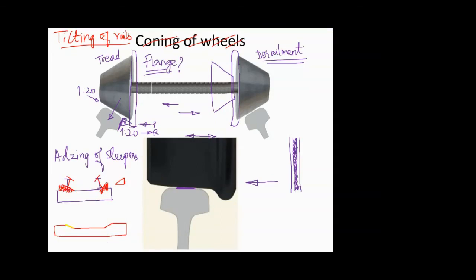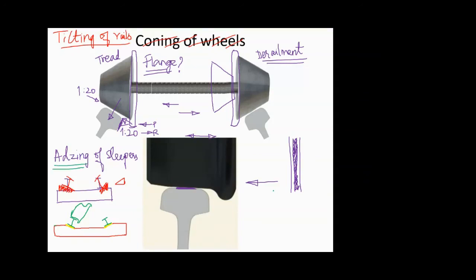This yellow portion that I am highlighting has a slope of 1:20. And when you place the rail over it, naturally that rail will also have a slope of 1:20. And over that your wheel assembly will be there, and that wheel assembly will also have a slope of 1:20. I am just exaggerating the slopes for your understanding. This method of providing slope in the slipper itself is known as adzing of slippers.